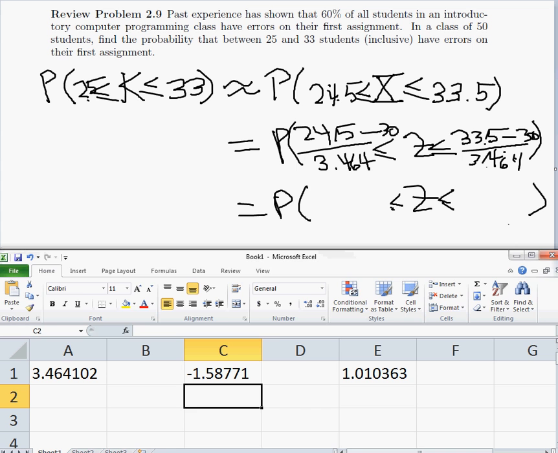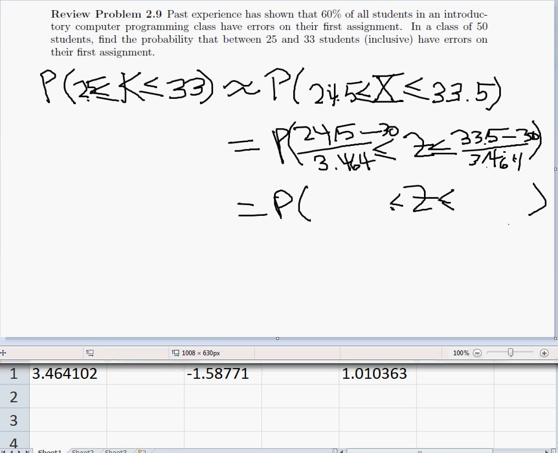Those are my cutoffs. Let me write those down on the calculation here. Negative 1.588 is less than or equal to z, and z is going to be less than or equal to 1.010.